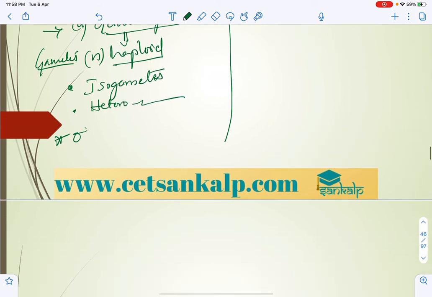In male, the gametes are called sperm or antherozoid, and in female, the gametes are called egg or ovum.